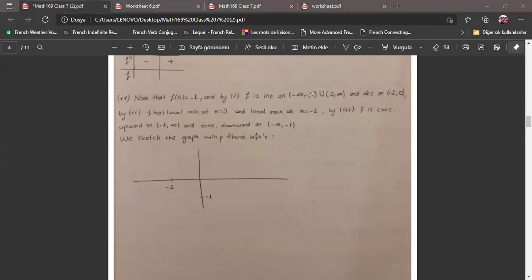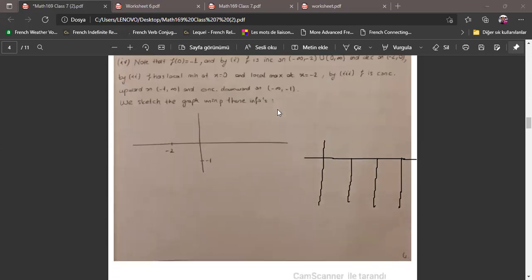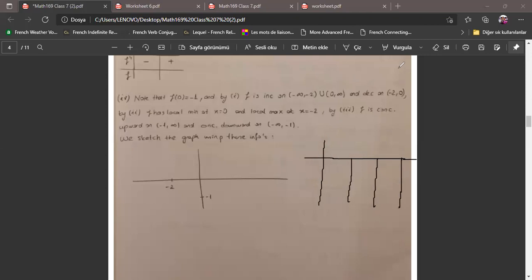We know that f is increasing from -infinity to -2, and on this other interval. And let's do the table here. What are the points? We have -2, -1, and 0. Okay, f prime, f double prime, and f.